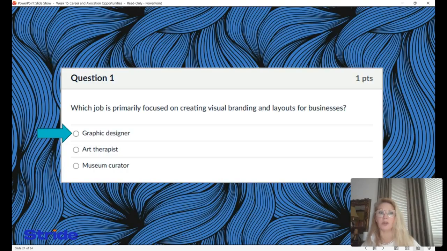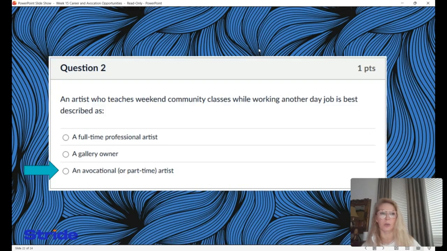So don't forget that you have got a quiz this week on art careers. So let's review those questions. Which job is primarily focused on creating visual branding and layouts for businesses? That would be graphic designer, which you would have figured out after looking into careers in art.